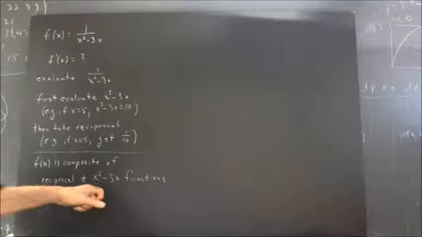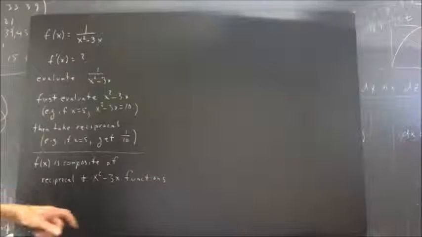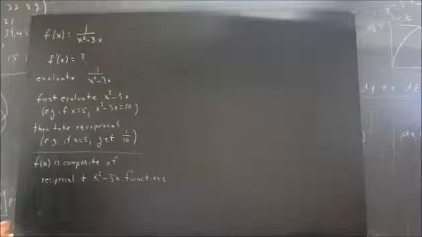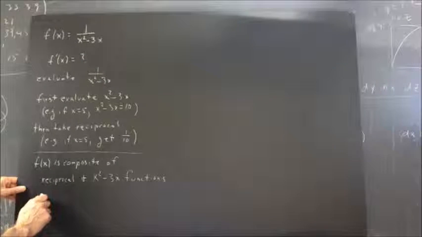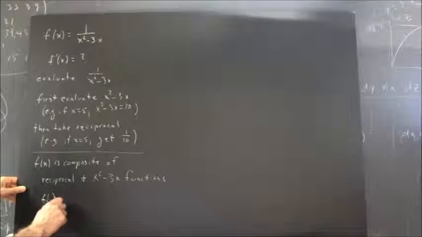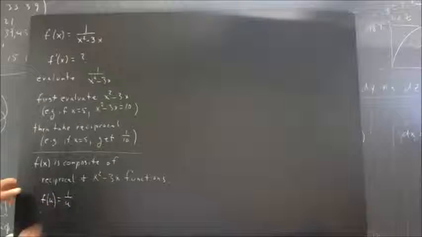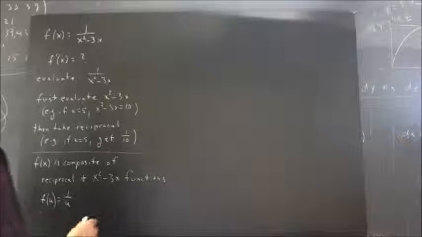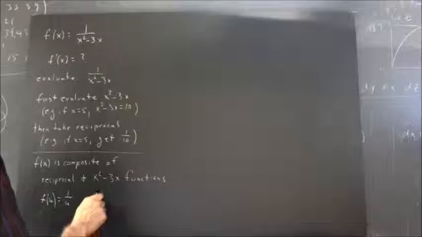Composite means first we evaluate one, then we apply the other. Now the reciprocal function, I'm going to call f of u, and that's 1 over u. And then the x squared minus 3x function, I'm going to call my g of x function.